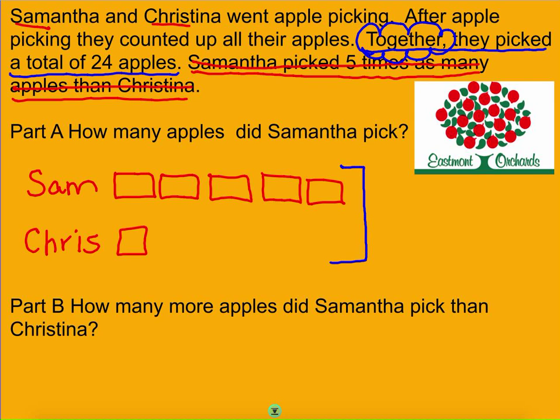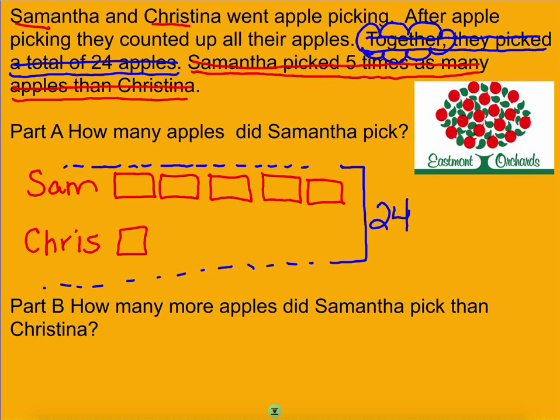And this shows that together, now you have to imagine, it's like an imaginary line, that they're referring to together is everything inside here. So it's not just one person's, it's both of them together. Both of them together collected 24 or picked 24 apples. So that's how I represent the together, with a bracket off to the side showing both names included. So now I'm done with that. Together they picked a total of 24 apples.